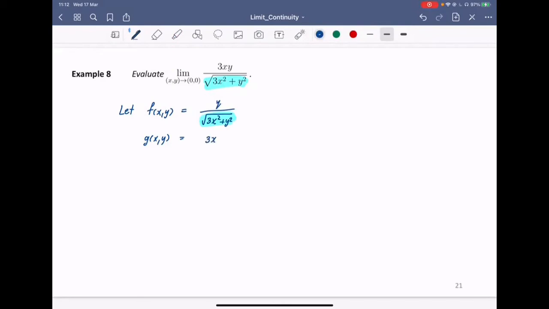Now we're going to compute condition number 1, which is the absolute value of f(x,y), and see if we can bound it. So it's going to be absolute y over square root of 3x squared plus y squared.